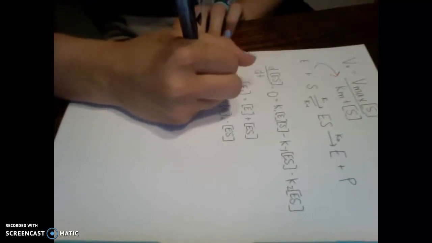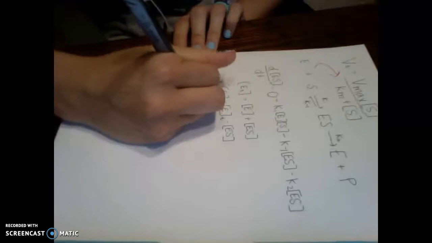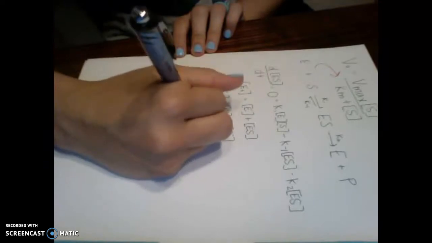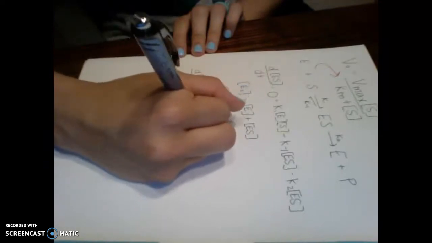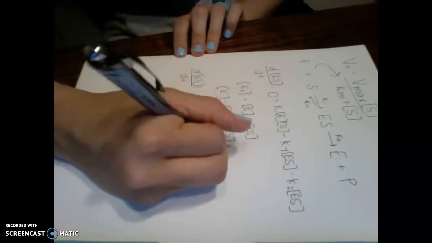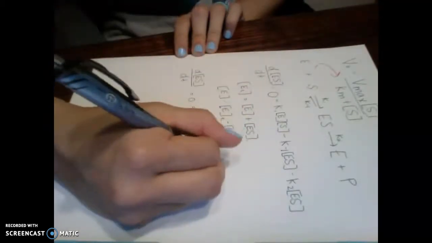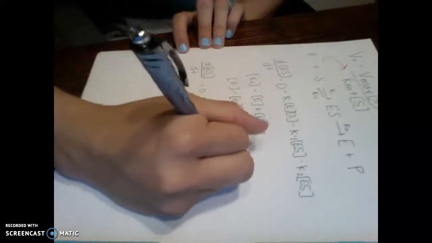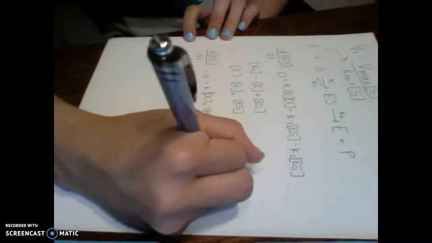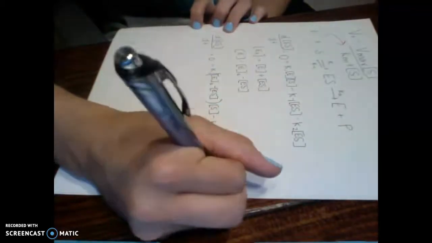So d[ES]/dt is going to equal 0, right? So let's plug in our E. K1 times ([E]T minus [ES]), and that is multiplied by the substrate concentration, then we'll fill in the rest: minus K-1 [ES] minus K2 [ES].